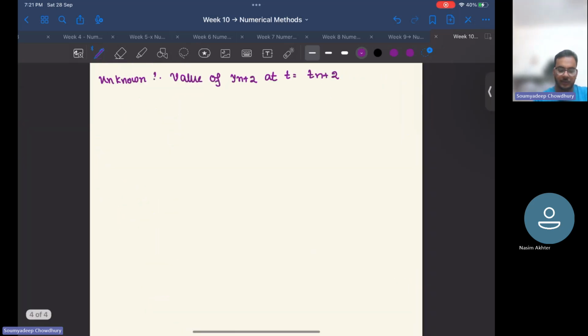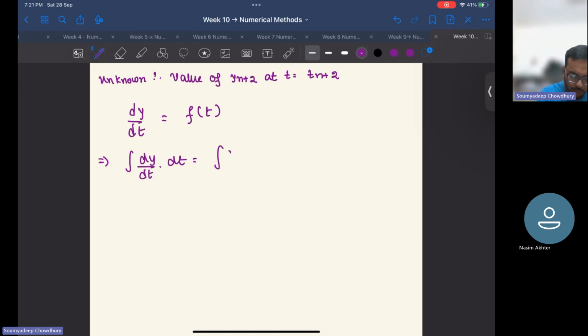Okay. So now we'll just see here. Suppose this is our unknown, right? So now suppose the differential equation is like this, right? dy by dt equals f of t. So now if we just integrate both sides, it will be the integral of dy by dt equals the integral of f of t dt.